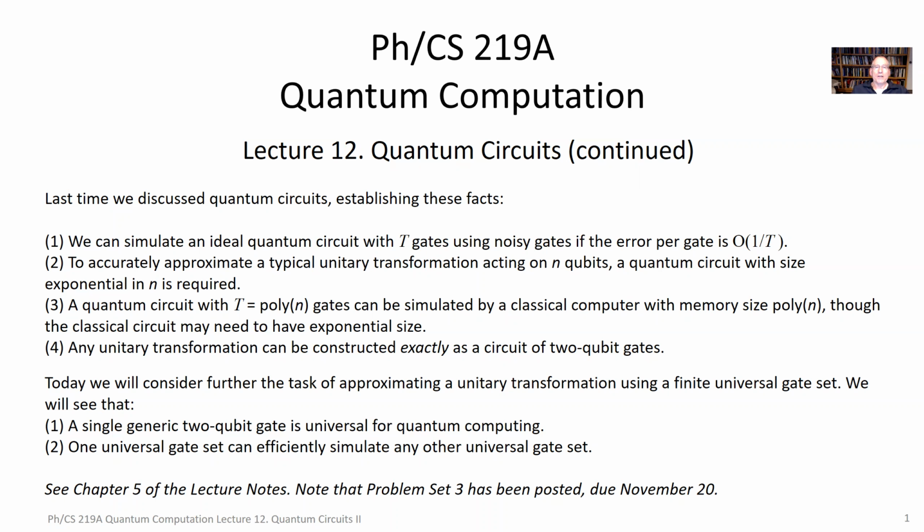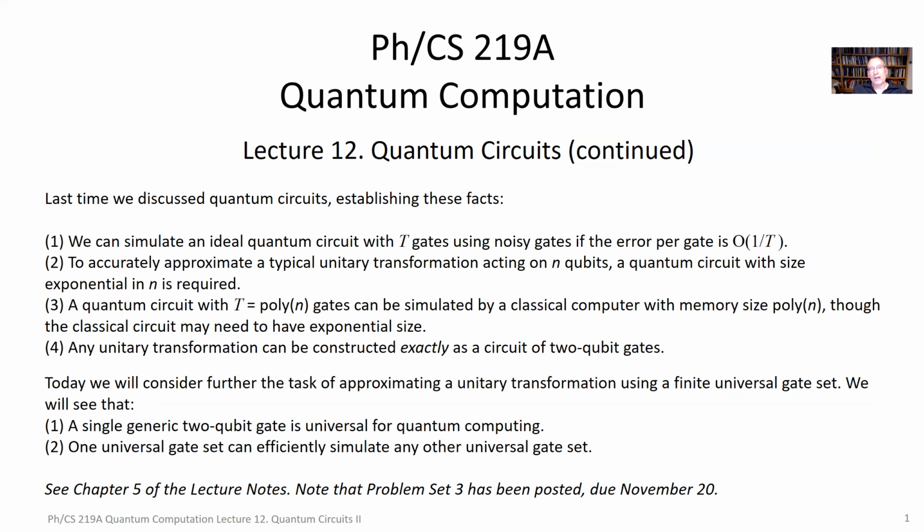We could do it with an amount of memory which is polynomial in the number of qubits. That is, BQP is contained in the classical complexity class PSPACE, the decision problems we can solve with a polynomially bounded amount of memory.